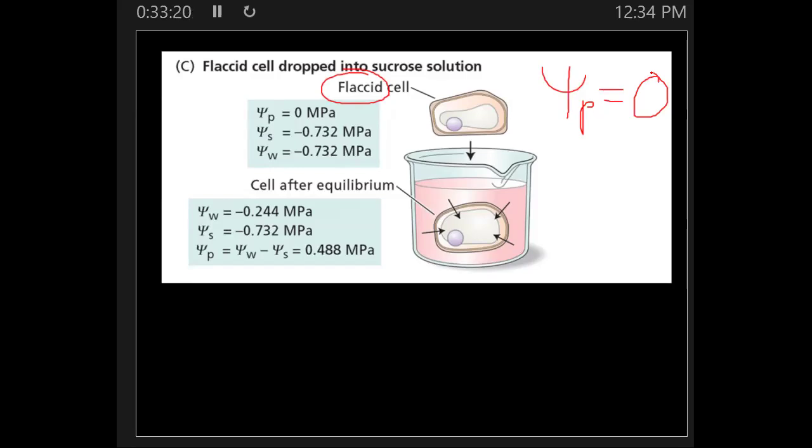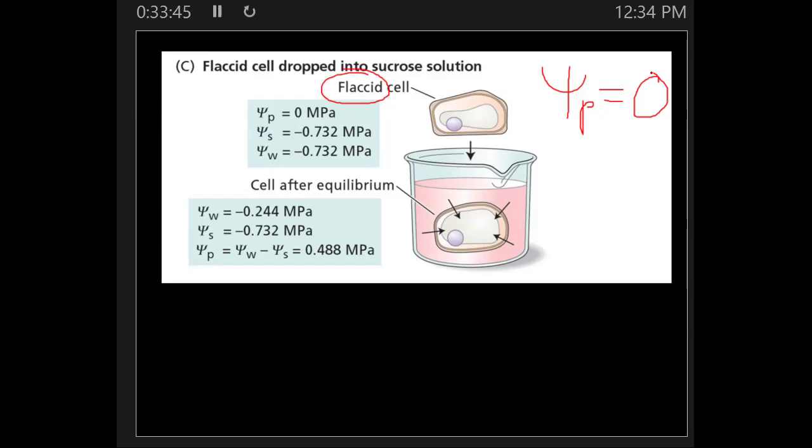So again, water rushes into the intact cell. It's going to keep rushing until it builds up that ψP value. You're going to get hydrostatic pressure building up with all the water going in. If a lot of water moves in, you get pretty decent hydrostatic pressure. A little bit of water moving in, pretty small.